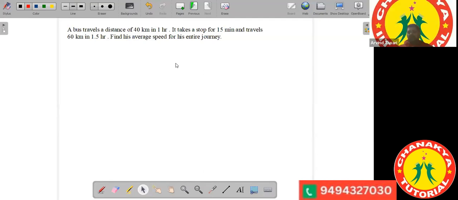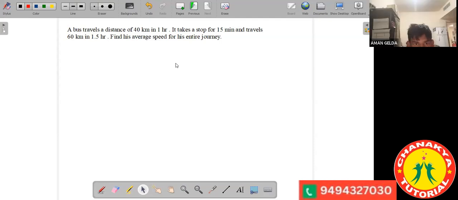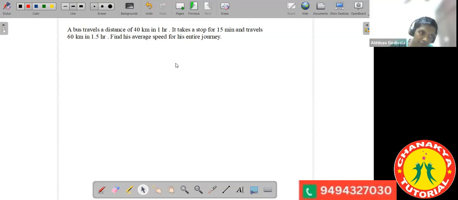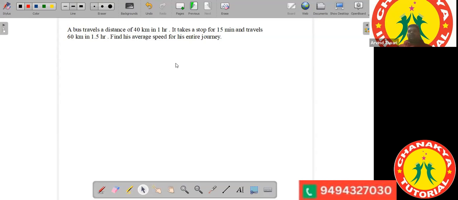And what is the total time taken? 2 hours 45 minutes. So now can you compute the speed?